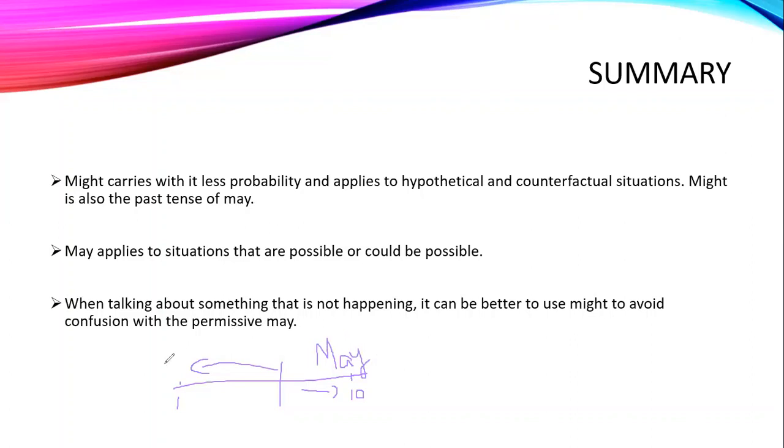And when we are talking about our chances of going to some place, we will use may if there is a greater chance of going to a place or doing something. So when you talk in terms of chances, we will use may. When there are lesser chances for visiting some place, we will use might. Got it?